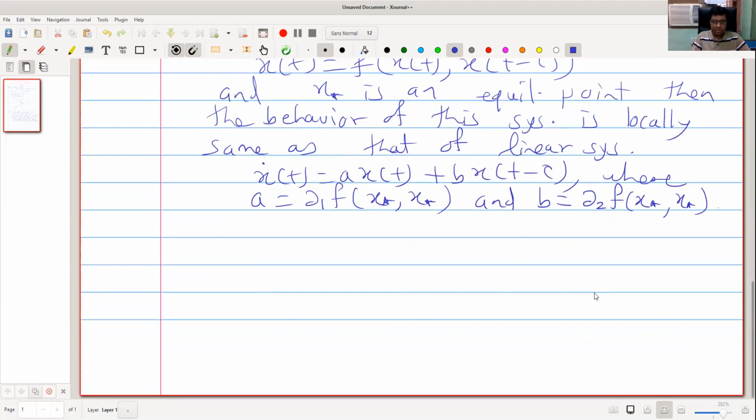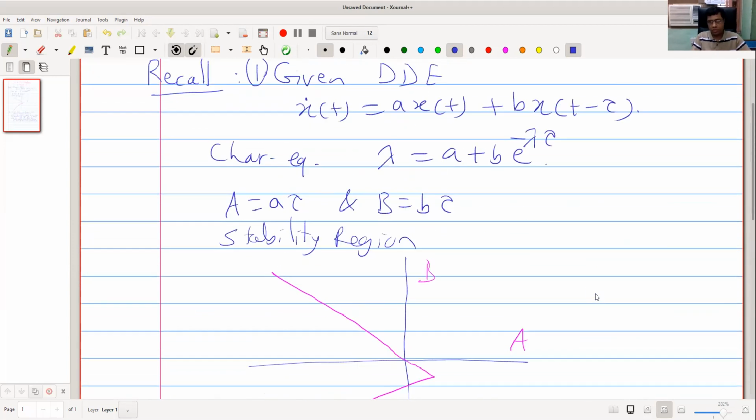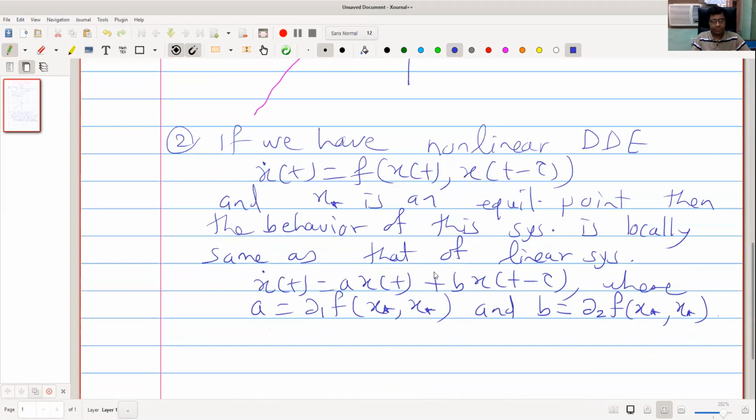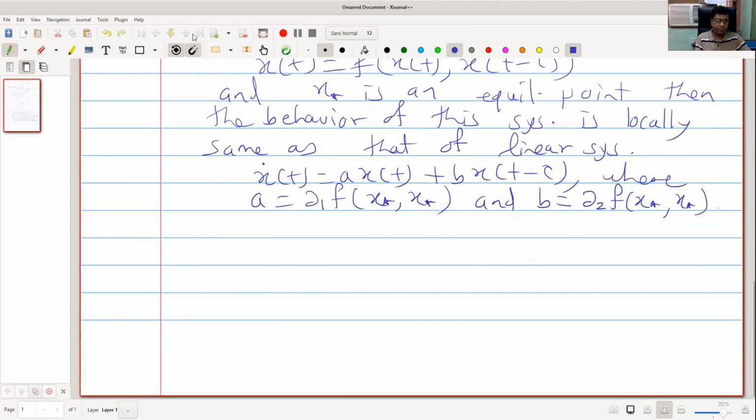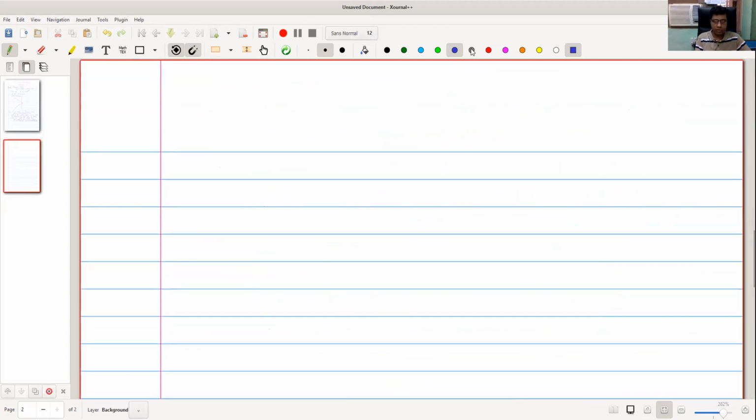Now let us see the better result. We use this result and prove the conditions in terms of small a, small b, and tau. Okay. This is an important theorem.